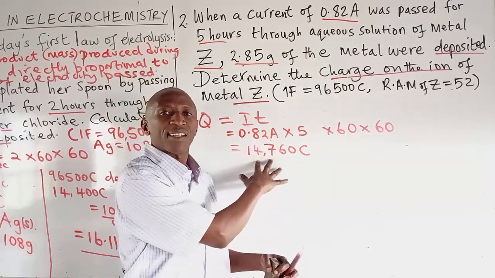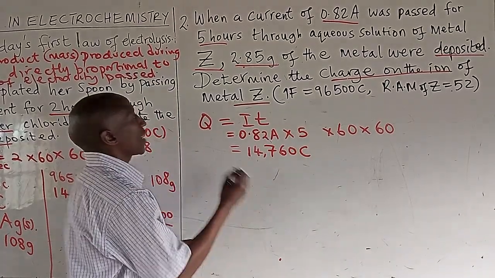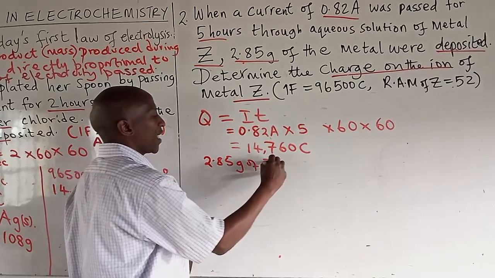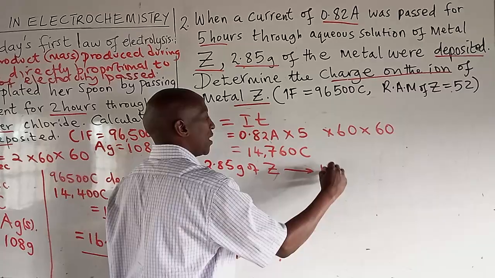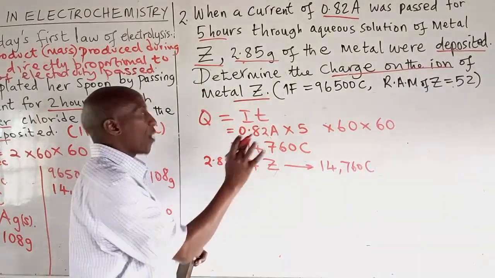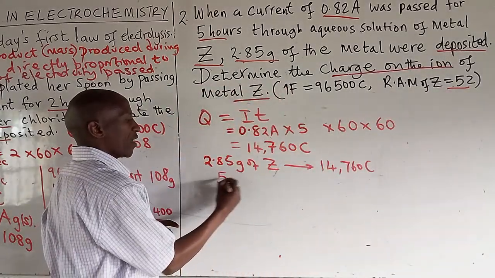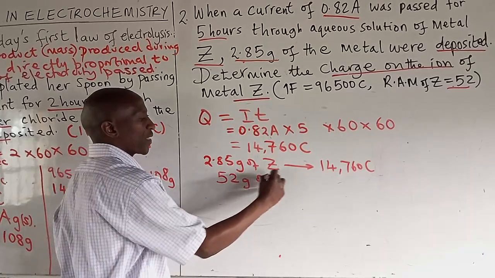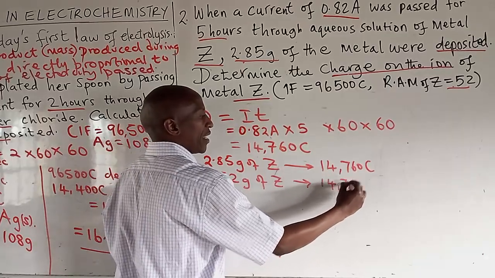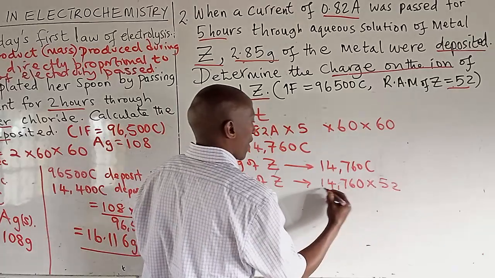What do we mean? That 2.85 grams of Z required 14,760 coulombs to be deposited. Now, what about 1 mole, which weighs 52 grams? 52 grams of Z would therefore require, we do the cross multiplication, 14,760 multiplied by 52 divided by 2.85.